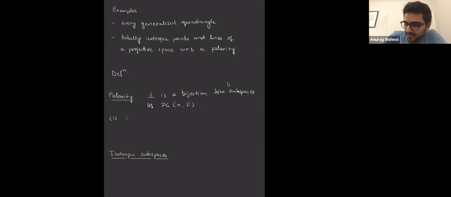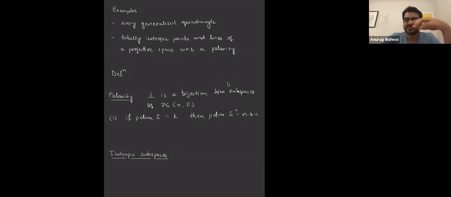Firstly, if the dimension of a subspace S is k, and here I mean the projective dimension, then the dimension of S perp is n minus k minus 1.